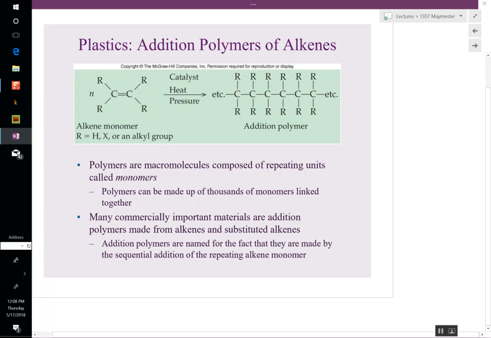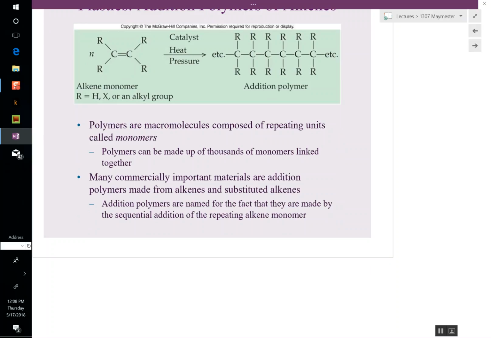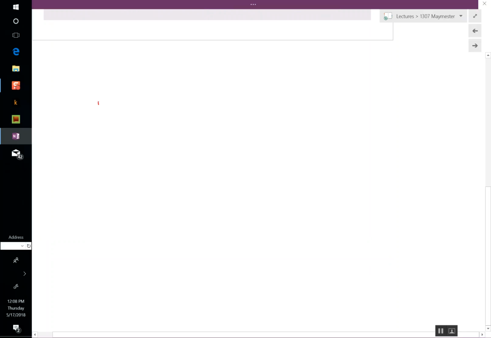Let me show you how this happens. Here's a little diagram. Let's just use the simplest molecule here. I'm going to draw these hydrogens right up like here. Here's ethylene. So this is ethene, or its common name, which we just learned a minute ago, is ethylene.